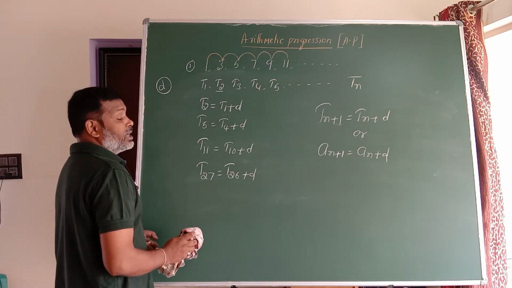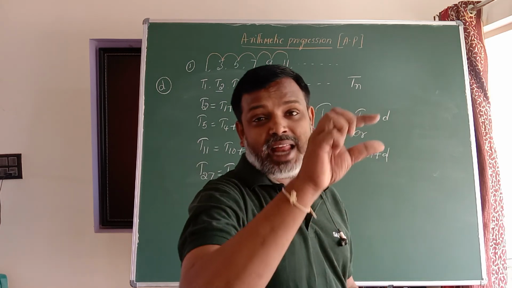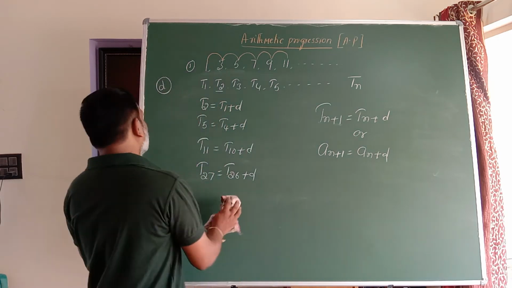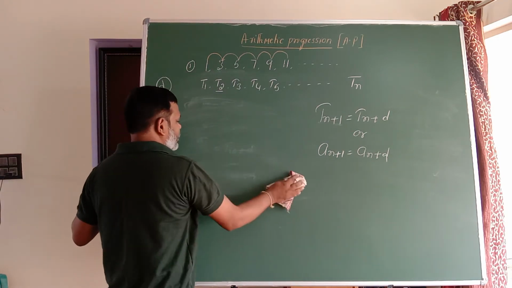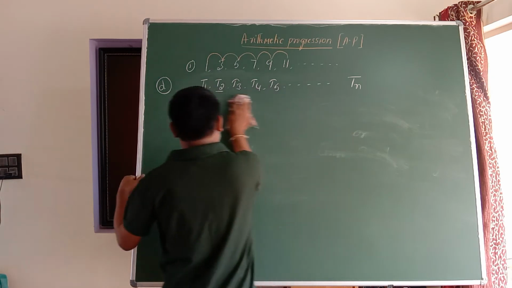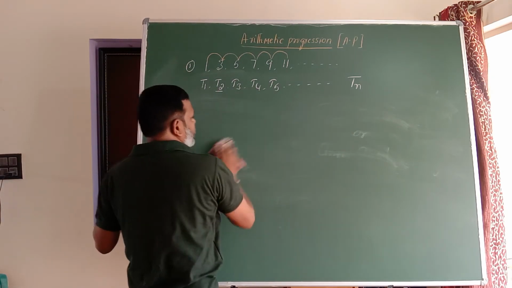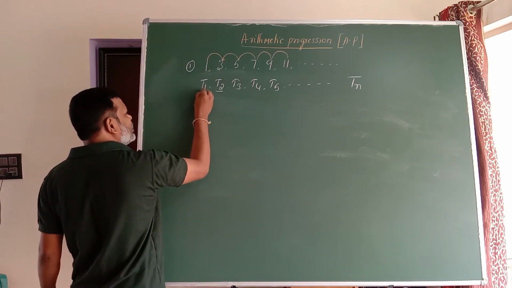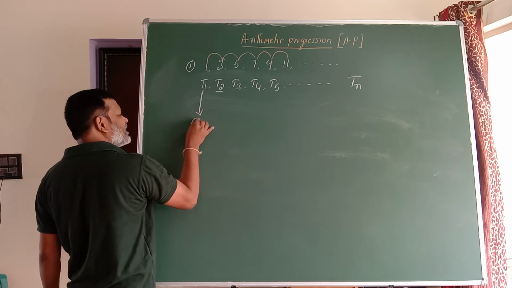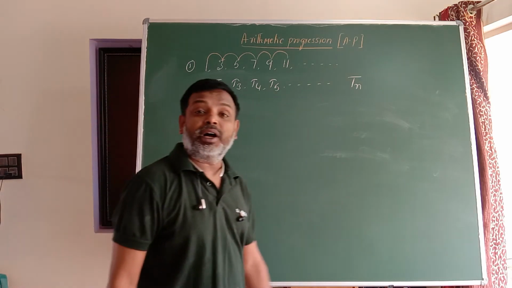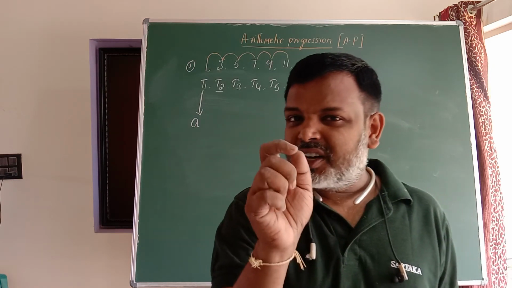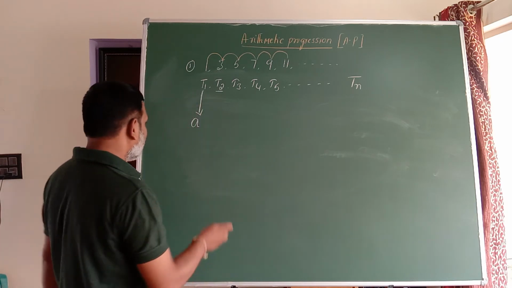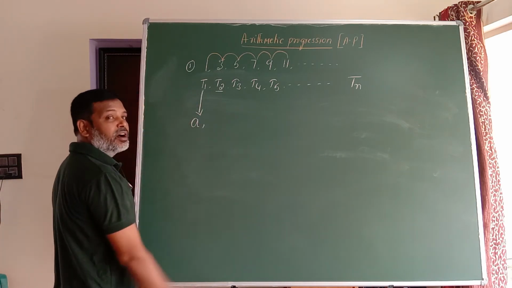Now, the very important thing is we have to frame a standard form or general form of an arithmetic progression. Have a look on this. Now, the first term of the arithmetic progression is treated as a, from now onwards. a is the first term.